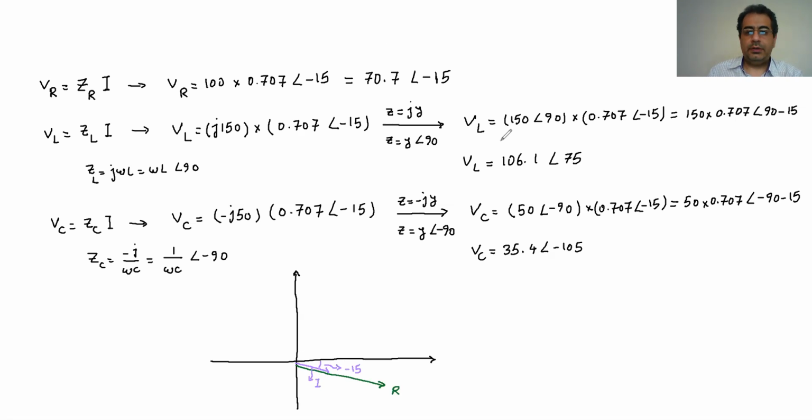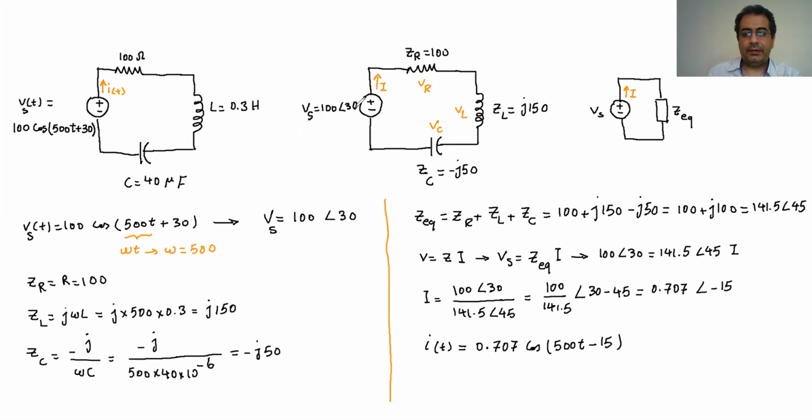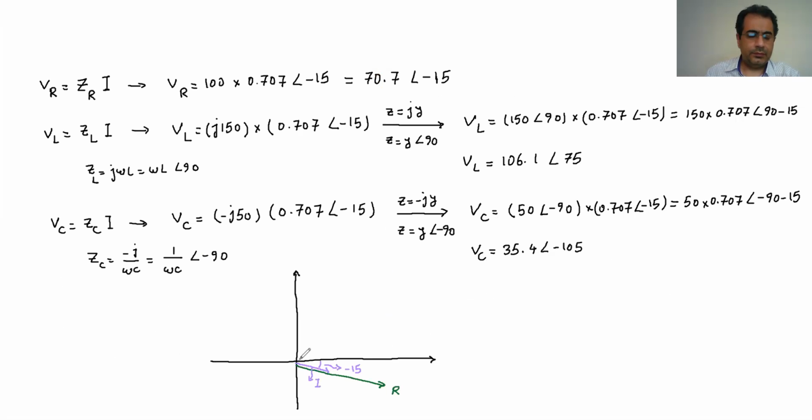Then I draw the source, the voltage at the source. The voltage at the source is 100 with an angle of 30. So the length is 100. Again, I'm not trying to keep the length relative, the length probably is not going to be correct, but I try with the angle.